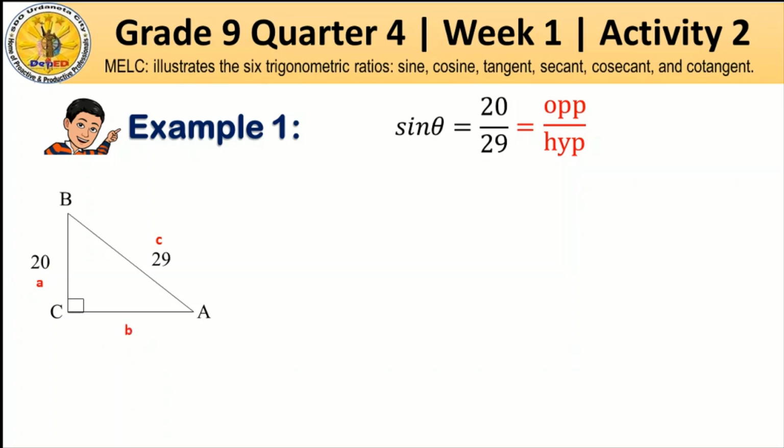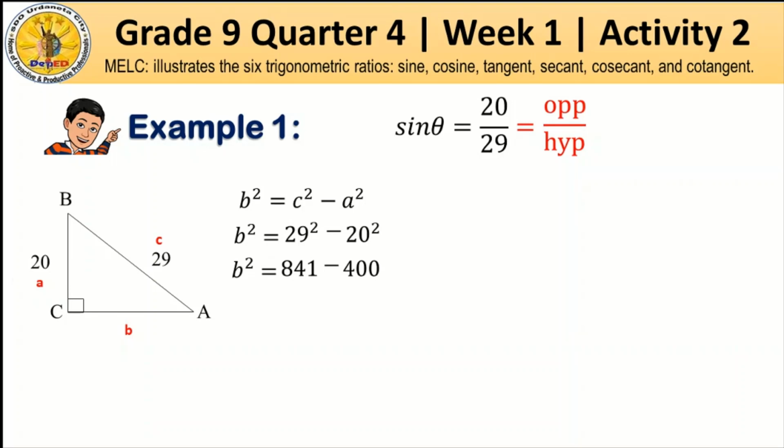represented by small b. To find the value of b, we will use the Pythagorean theorem using the formula b squared is equal to c squared minus a squared. By substitution, we have b squared is equal to 29 squared minus 20 squared. Simplifying, we have b squared is equal to 841 minus 400.